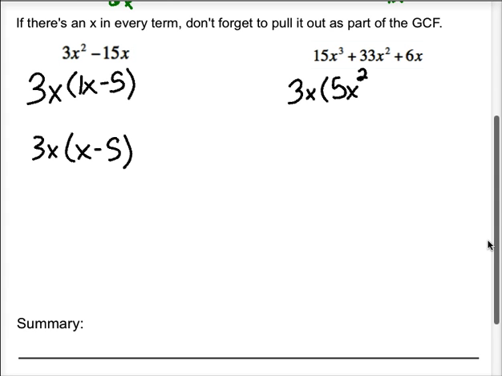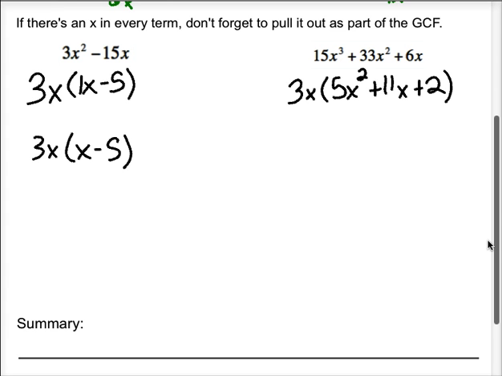Well, 33 divided by 3 is 11. And x squared divided by x, so taking away one of the exponents leaves me just an x. And then 6x divided by 3x. Well, 6 divided by 3 leaves me 2. X divided by x, so the only x is taken away, so the 2 is just left there by itself.